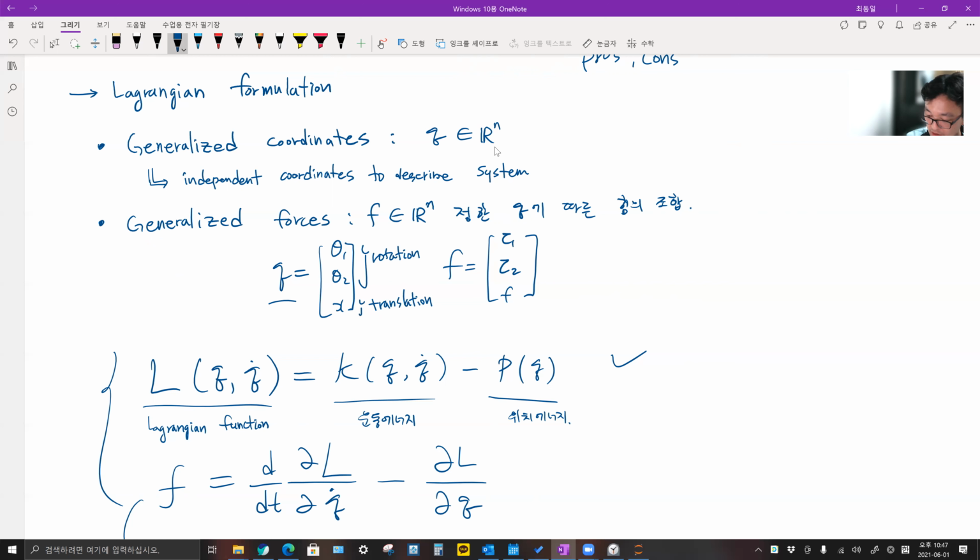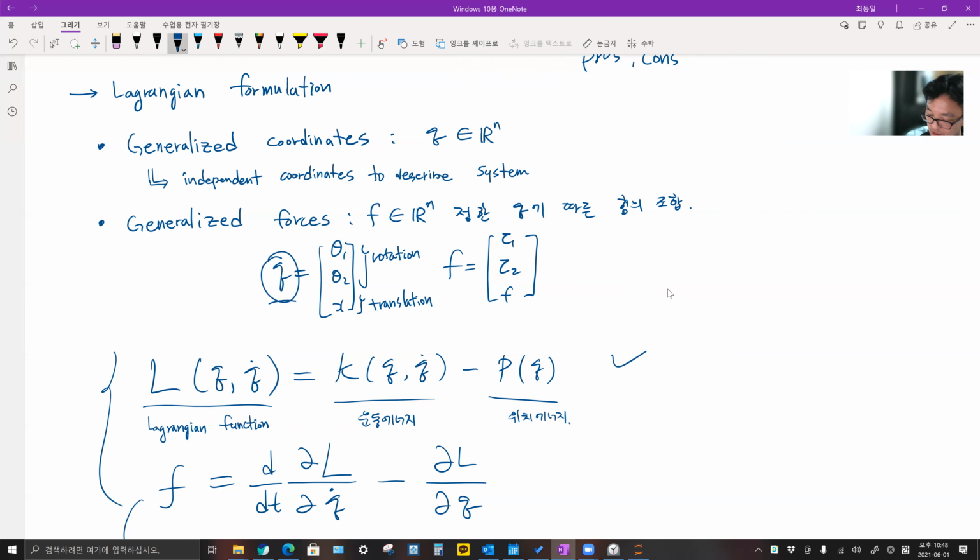So in generalized coordinates, you can deal with these two types of variables together.